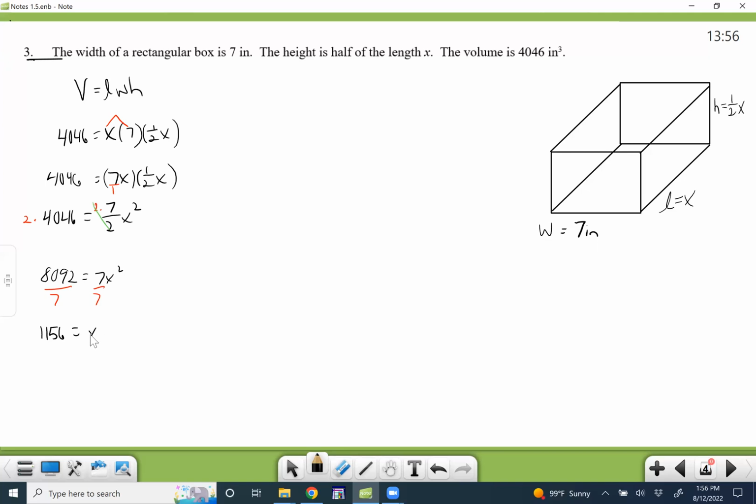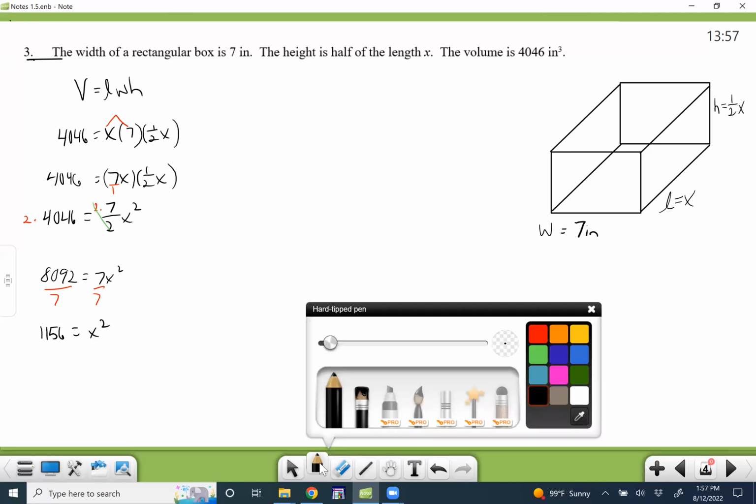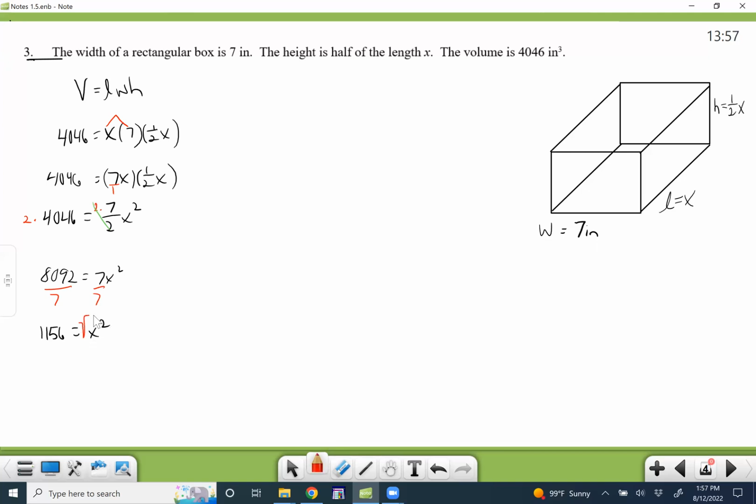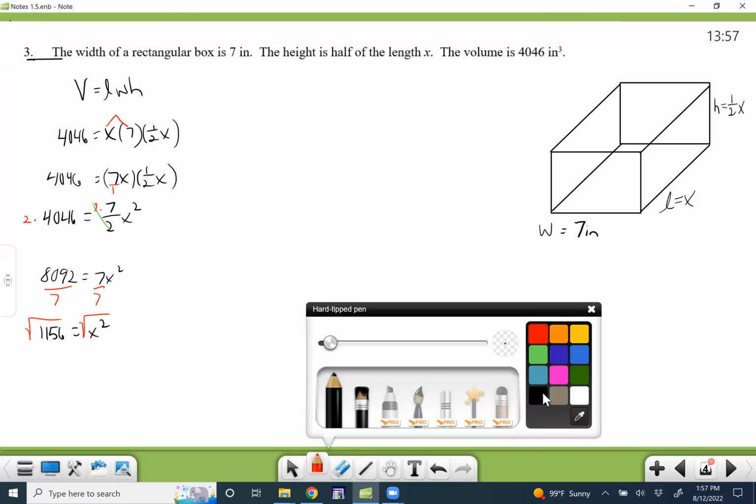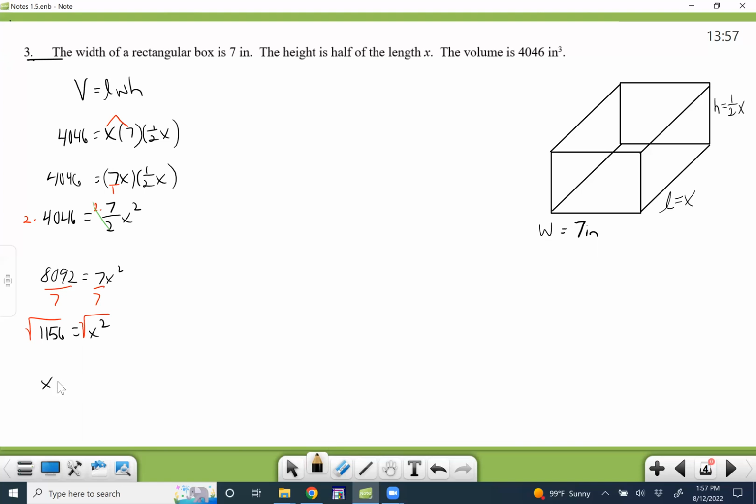It's always nice when it's a whole number, huh? And then to get rid of the squared, we take the square root, which we learned last section. And we said last section, don't forget that anytime you square root both sides of an equation, hopefully you're saying plus or minus. All right, now I'm going to try and square root 1,156. Let me see if it works. It's 34. Cool.